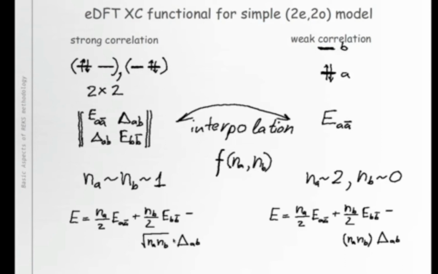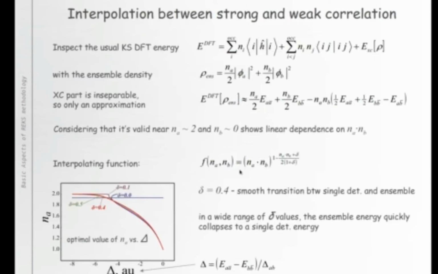So I introduce a simple interpolating function, as shown here, between the two limits. The parameter delta was chosen to provide a smooth dependence of the variationally obtained occupation number, for example of one of the components of the ensemble, on the magnitude of this term, delta.